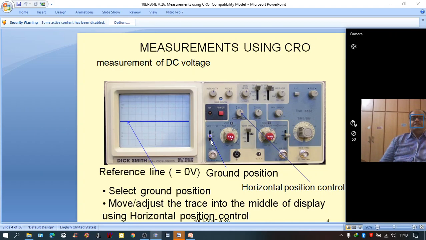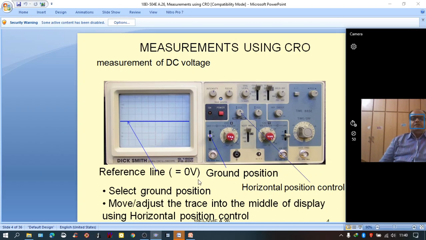Then, as we discussed in the last class, a horizontal line appears on the screen. Now, by adjusting this vertical movement knob, let the horizontal line appearing on the screen be brought to the center of the screen. Exactly like this. The horizontal line of the display has to be brought to the center of the screen by using this.